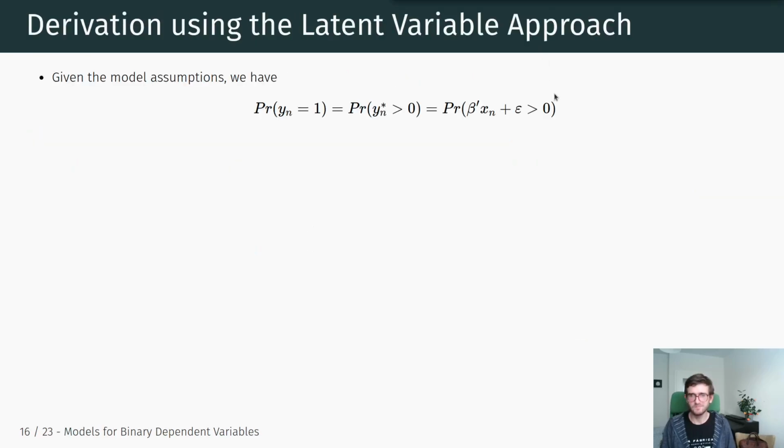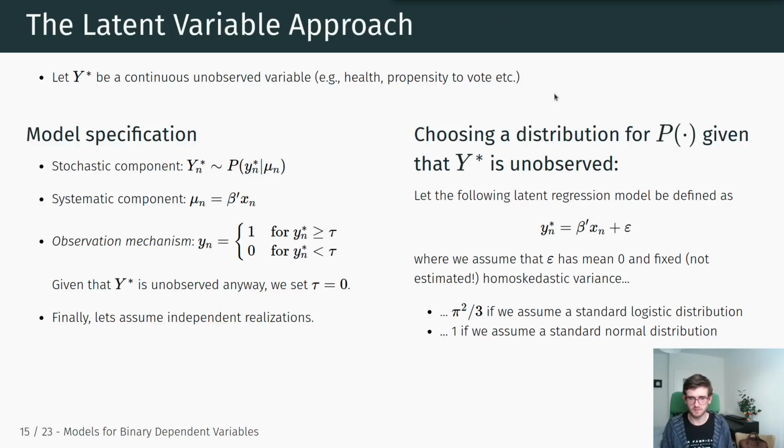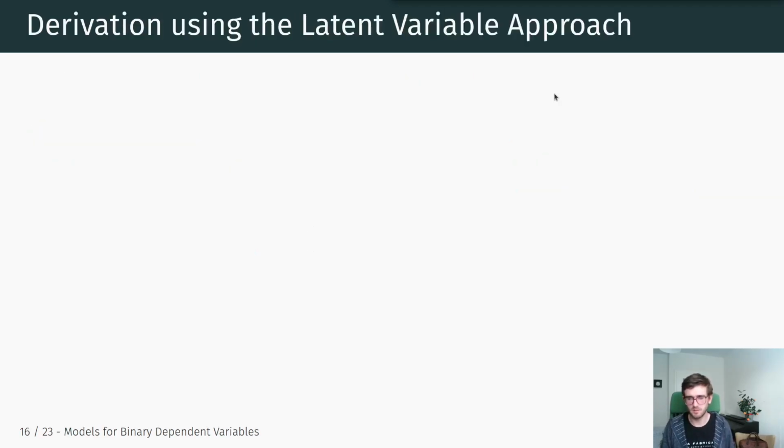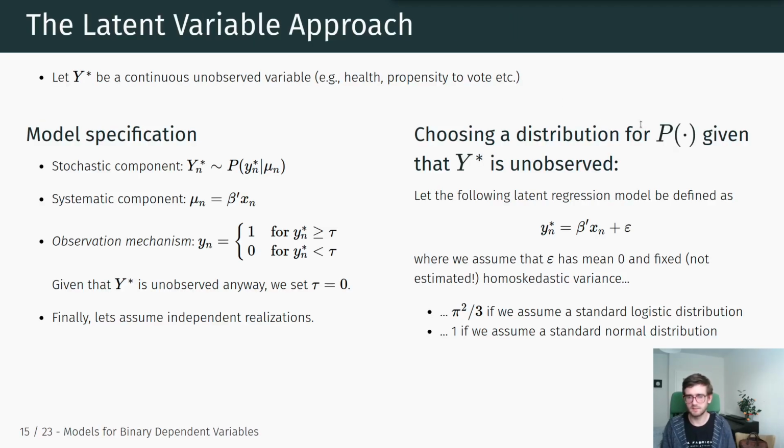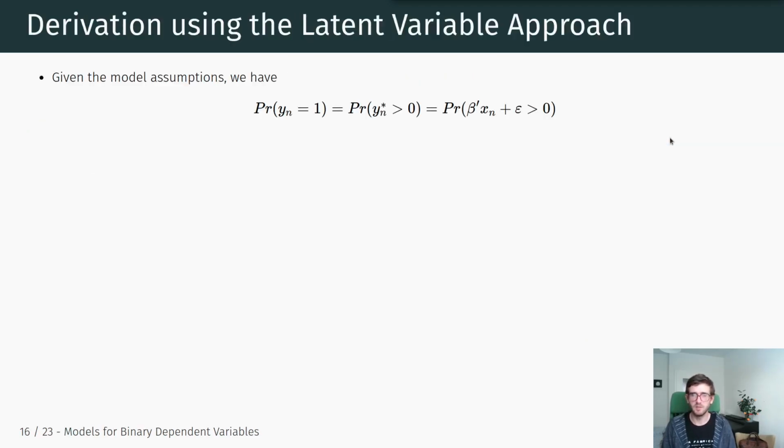So if we make these assumptions, given the model's assumptions regarding the systematic component, the stochastic component, this observation mechanism, and this distribution for our unobserved latent variable, we can then compute the probability of observing y being equal to 1 based on this latent construct, right?